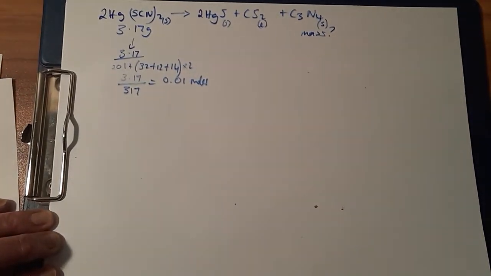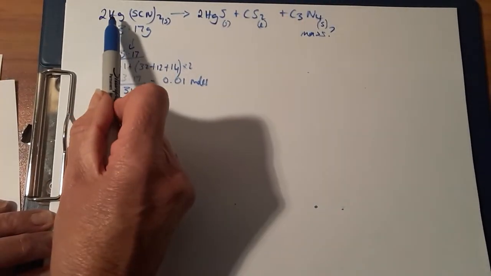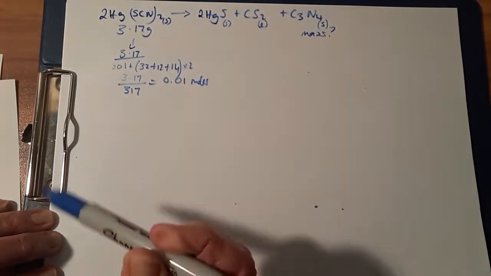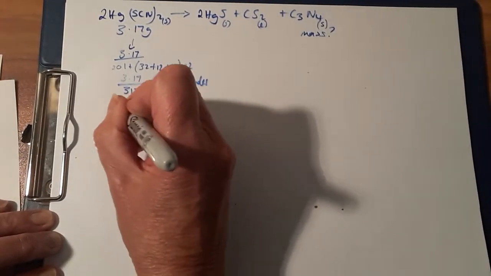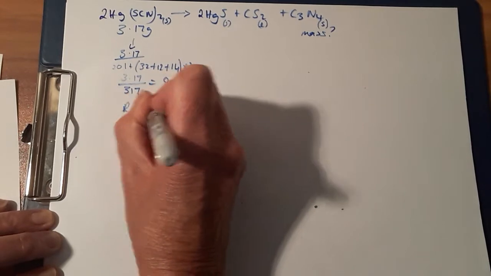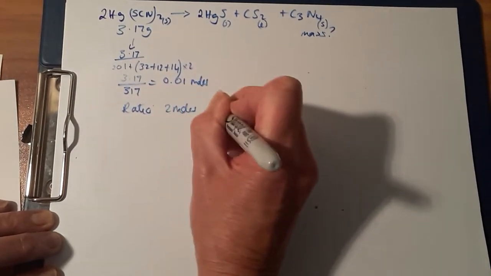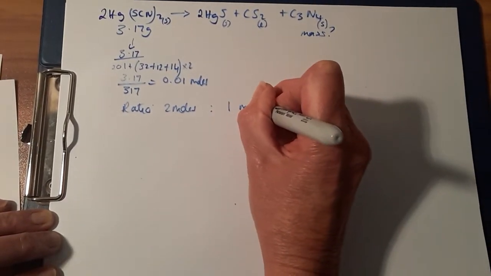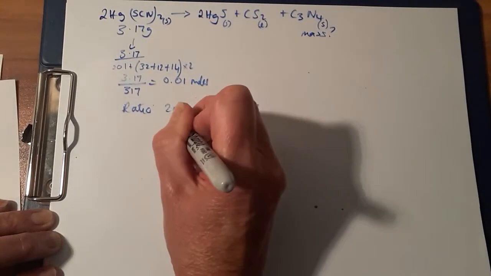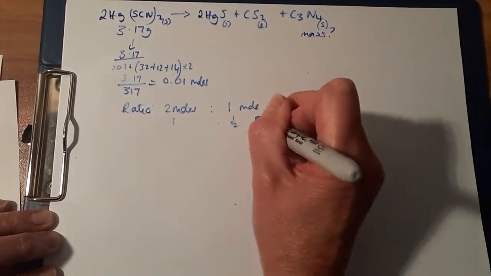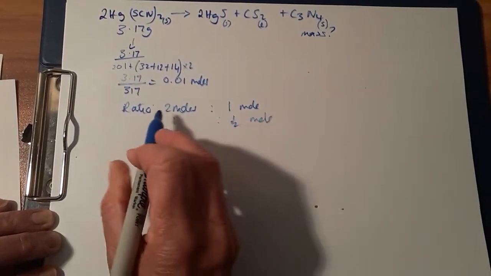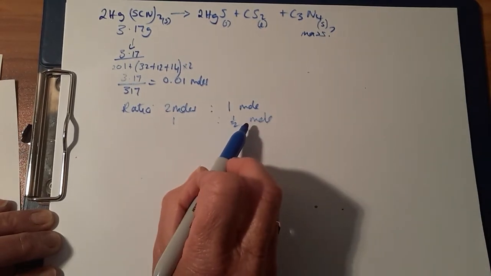So my equation tells me that 2 moles of this will give me 1 mole of that. So I have a reacting ratio of 2 moles of the reactant giving me 1 mole of product. So if I had 1 mole of reactant, I'd only form a half mole of product.